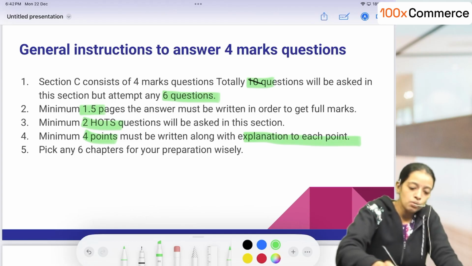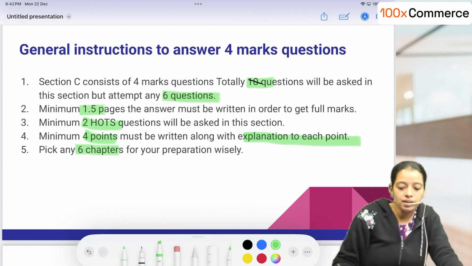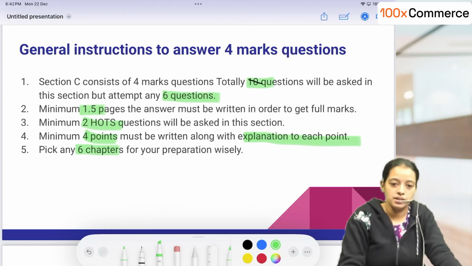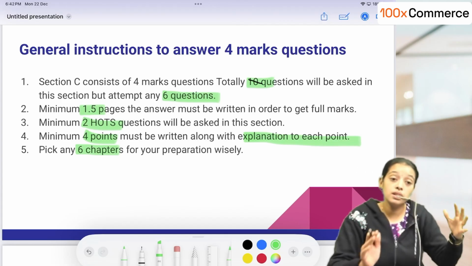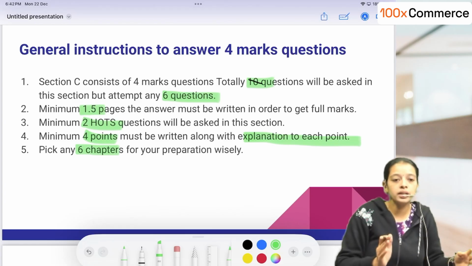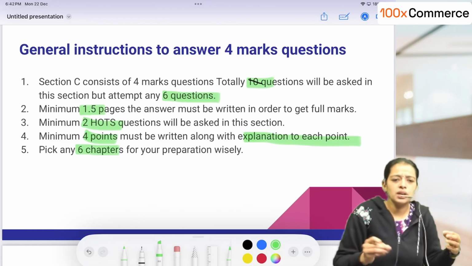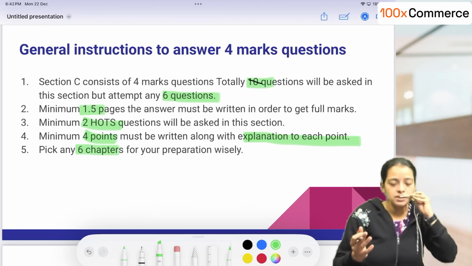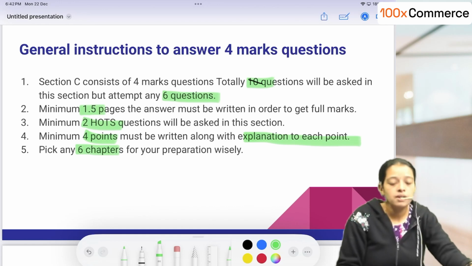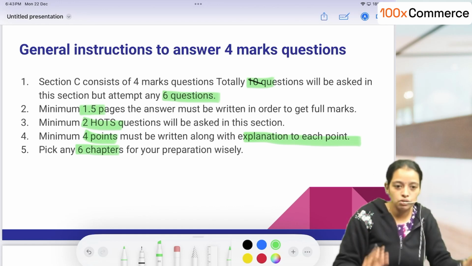You have to wisely pick any 6 chapters for your preparation. It's not necessary to study all the 10 chapters and attempt all the 10 questions. You can wisely pick any 6 chapters according to your own interest and make different combinations.